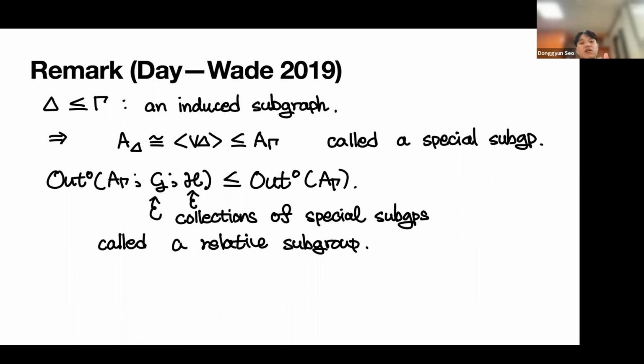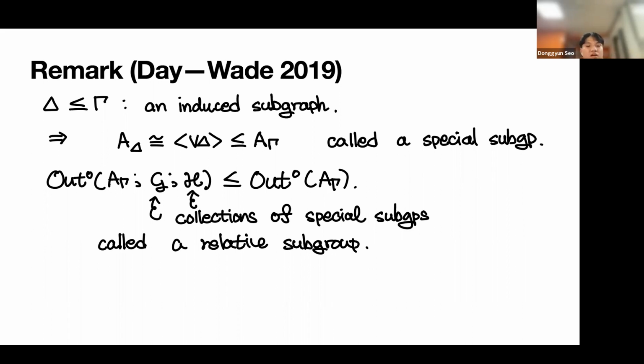Out0 means that it is a finite index subgroup of the automorphism group, just generated by the inversions, some elementary matrices, free automorphisms and partial conjugations, except for the graph symmetry. Because the graph symmetries form a finite subgroup, Out0 A gamma is a finite index subgroup of Out A gamma.